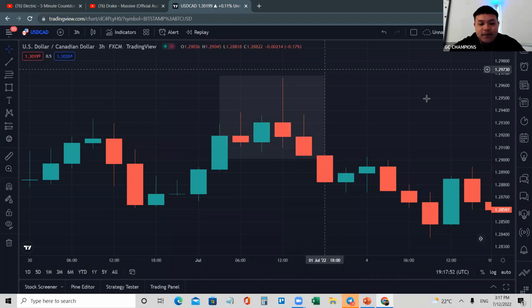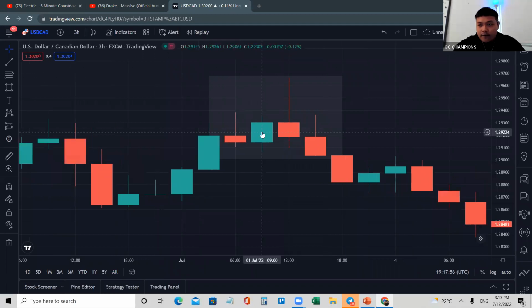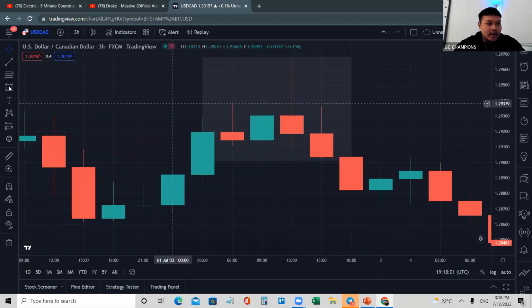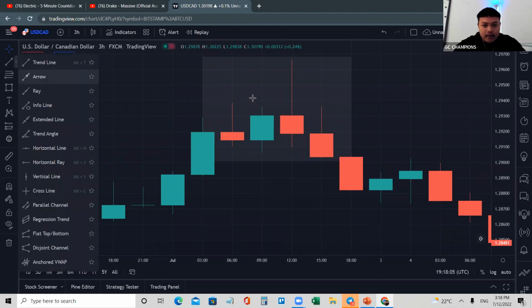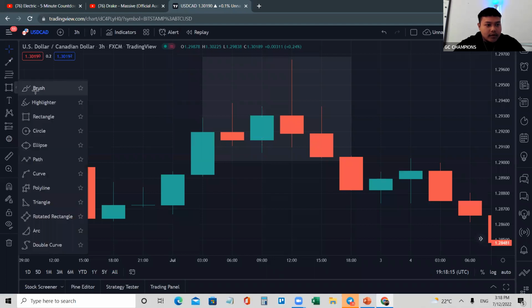Up candle. Yes, an uptrend. Now when it comes to the green candle, if you were putting down notes, what does this first line on the top mean? Is it a high or a low? Let's get the brush.